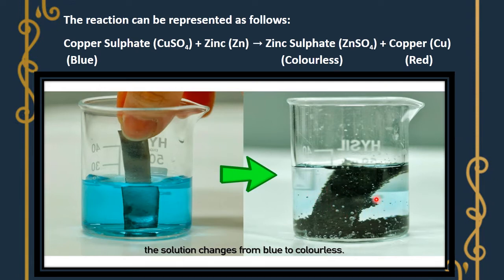And what happens to the copper? Copper gets deposited on the zinc plate. So in the picture you can easily see that the solution is now colorless and copper has been deposited on the zinc plate. So this is a displacement reaction taking place.